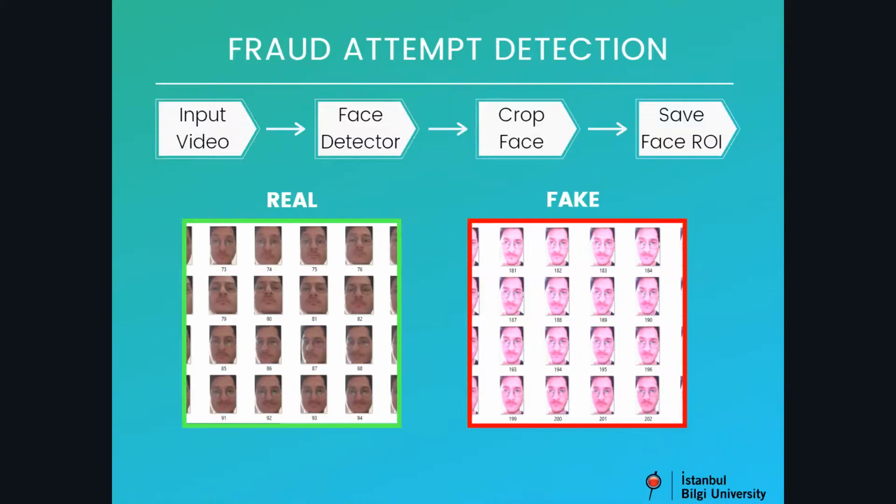This resulted in two example videos, one for real faces and another for fake faces. I applied the Caffe face detection model to both sets of videos to extract individual face ROIs, which means regions of interest, for both classes. And then we trained a convolutional neural network capable of distinguishing real faces from fake faces.